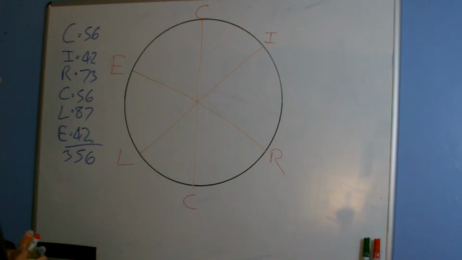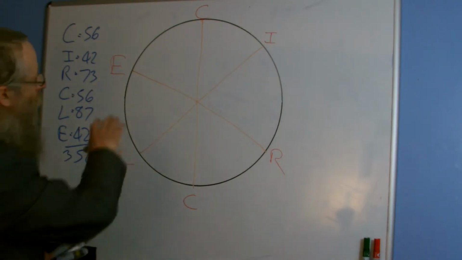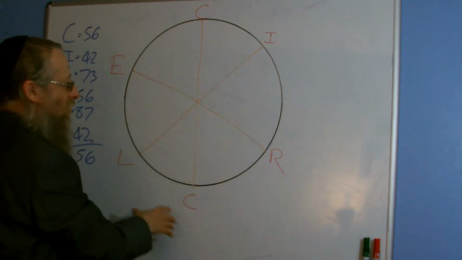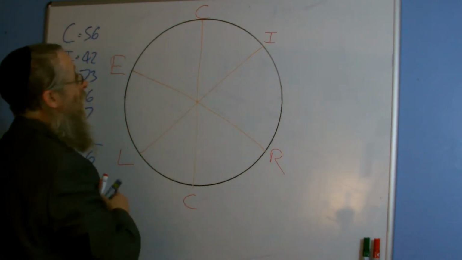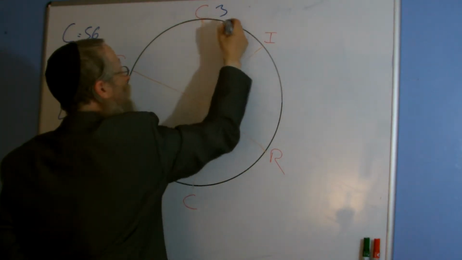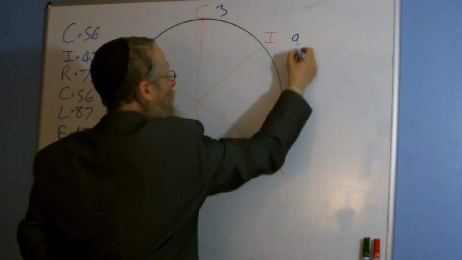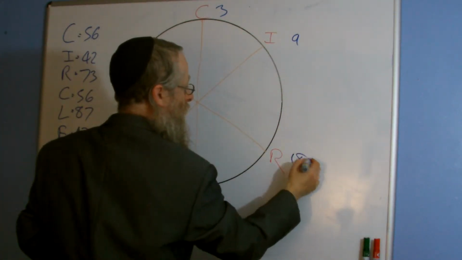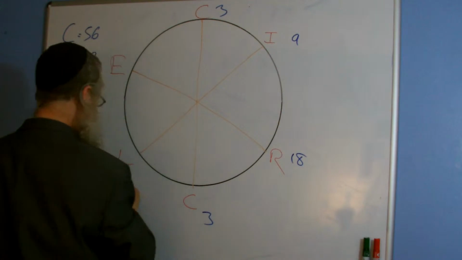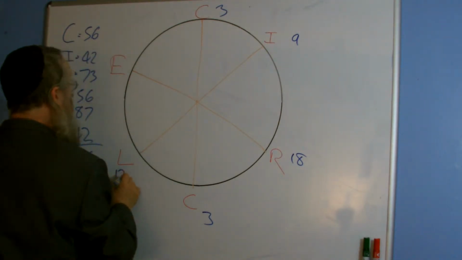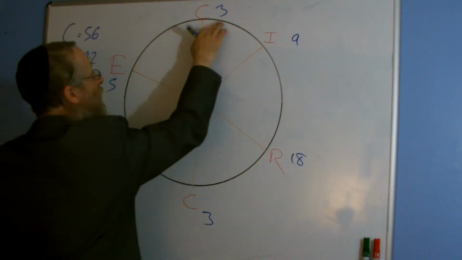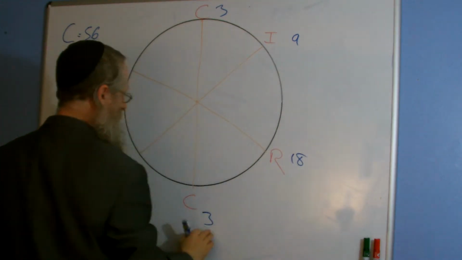Okay, so I'm looking now at the word circle in a circle, and I'm going to write by each letter the placement value. Okay, C is 3, I is 9, R is 18, and so on.